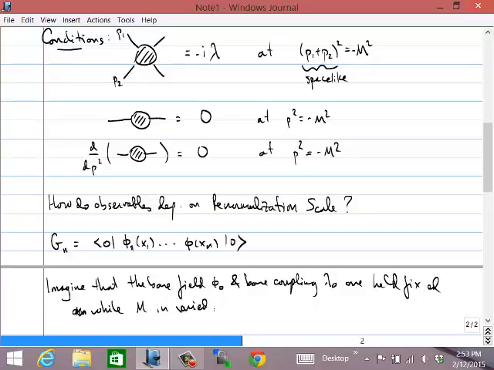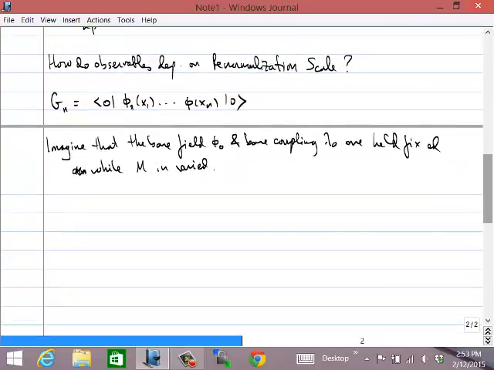And then what we want to do is understand how this Green's function varies as the renormalization scale is varied. Well, the dependence of Gn on the renormalization scale then is relatively simple.